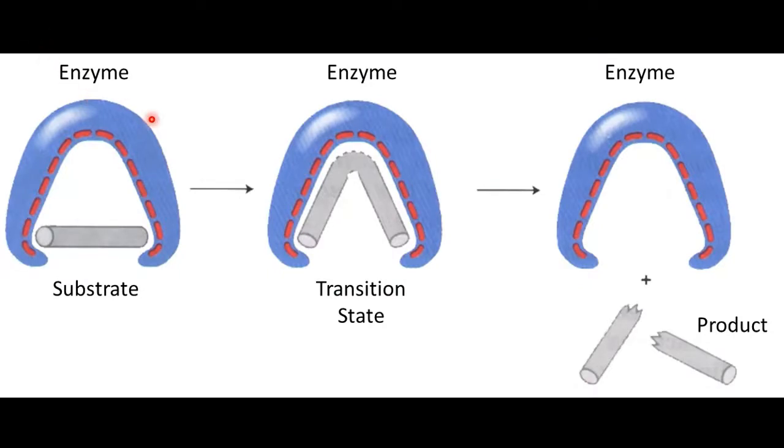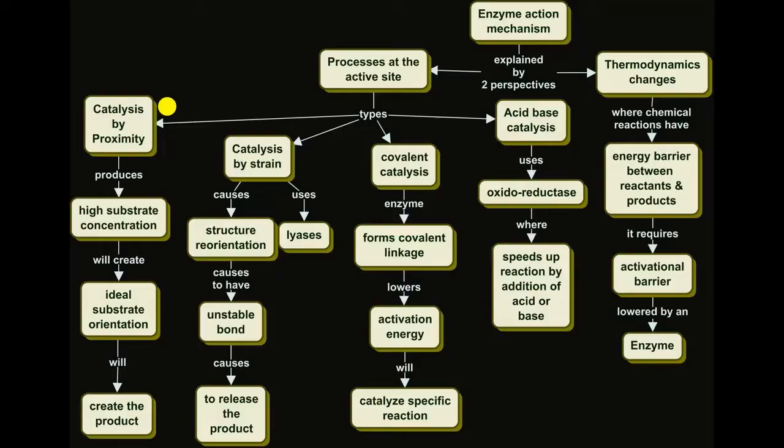First, the enzyme accepts the substrate into the active site, and therefore there will be an orientation and eventually it snaps and produces the product into the environment. And finally, catalysis by proximity. This type of enzyme action mechanism involves high substrate concentration, where it will create the ideal substrate orientation that will finally create the product.